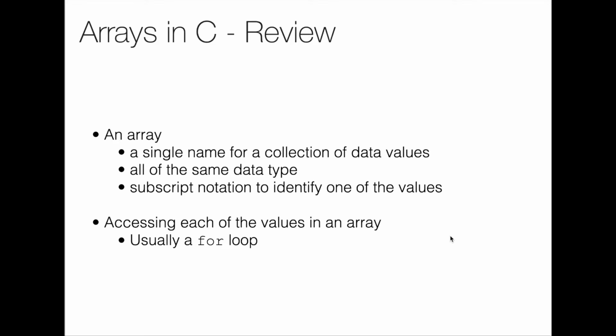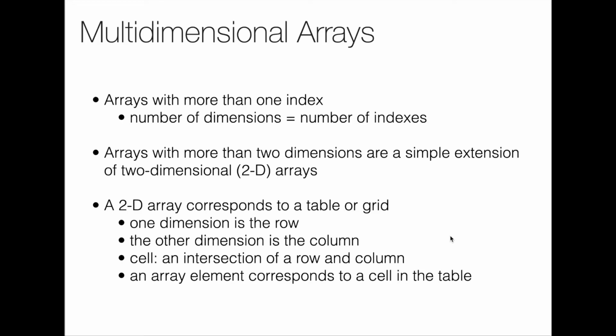So now let's go to multidimensional arrays. Multidimensional arrays are an extension of single-dimension arrays. In multidimensional arrays, the number of dimensions equals the number of indexes you refer to in order to access a particular location.